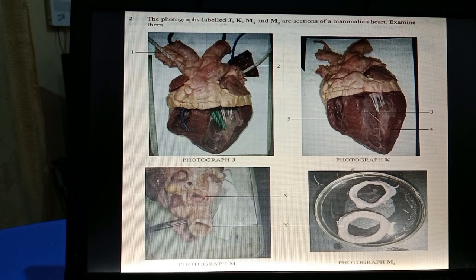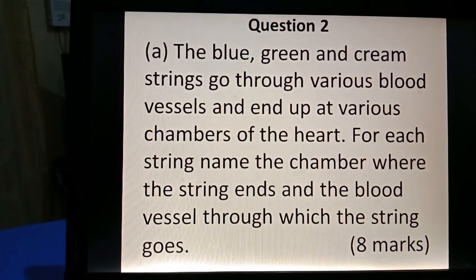Photograph M1 and photograph M2 have X and Y labels. The blue, green, and cream strings go through various blood vessels and end up at various chambers of the heart. For each string, name the chamber where the string ends and the blood vessel through which the string goes. All that will give you 8 marks.